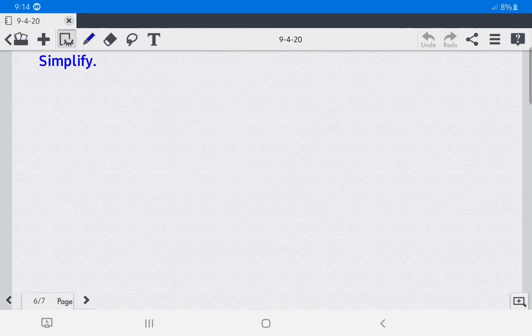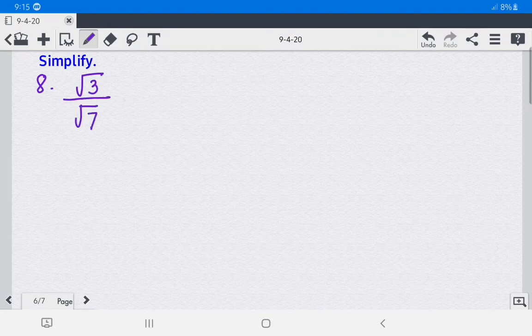Okay? Next, number 8. So, number 8, let's say we have square root of 3 over square root of 7. Okay. So, the numerator is not a perfect square, also the denominator. So, what we are going to do is we have to rationalize the denominator.